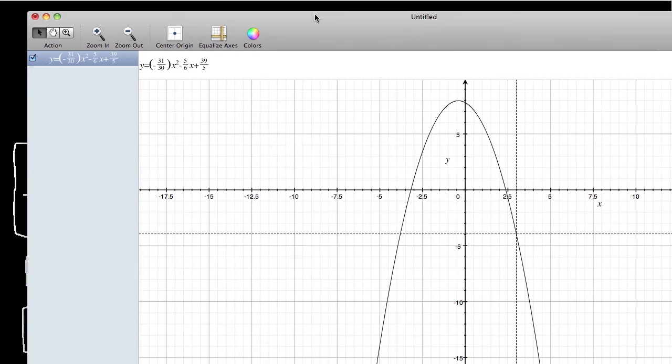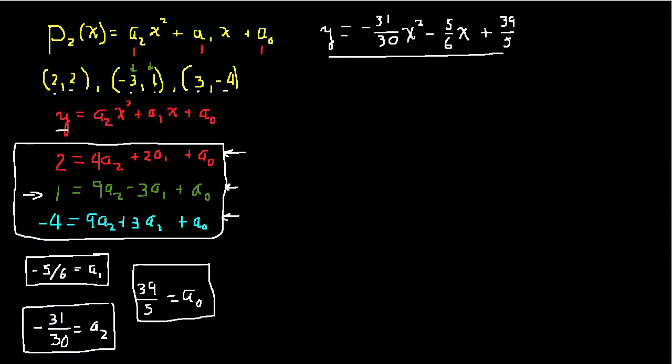points. Now, one other comment I want to make, and that is, it's possible to choose 3 points where there is no parabola that goes through the 3 points. If there is a parabola that goes through the 3 points, there is only one such parabola, but it's possible to pick 3 points where no parabola goes through.